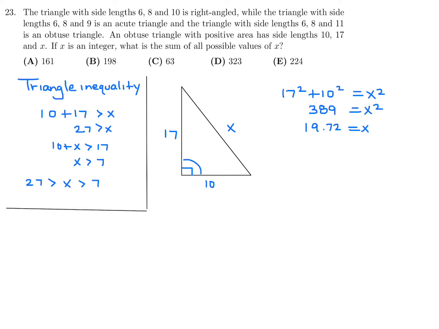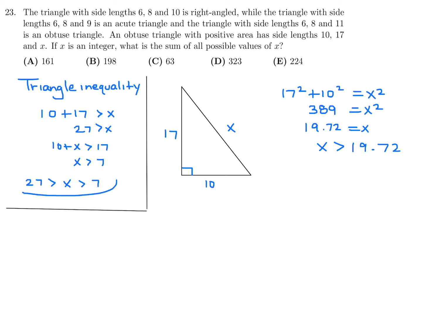So this angle, we want it to be a little bit bigger. So that means we would like it to kind of extend like this. Now, that means that x has to be greater than 19.72. That's the only way that we're going to be able to make this obtuse.